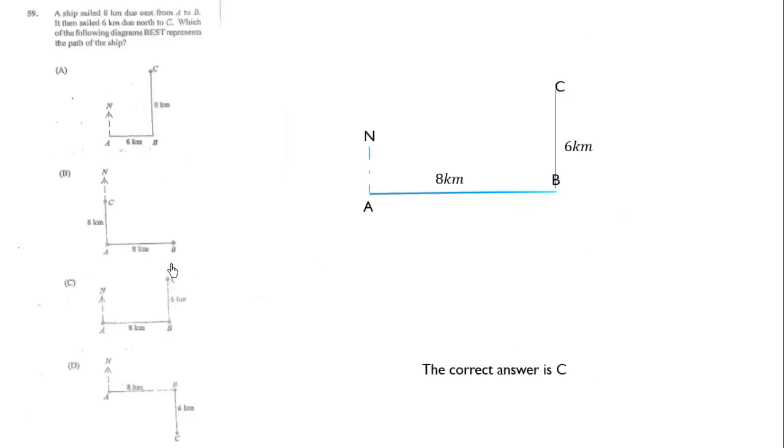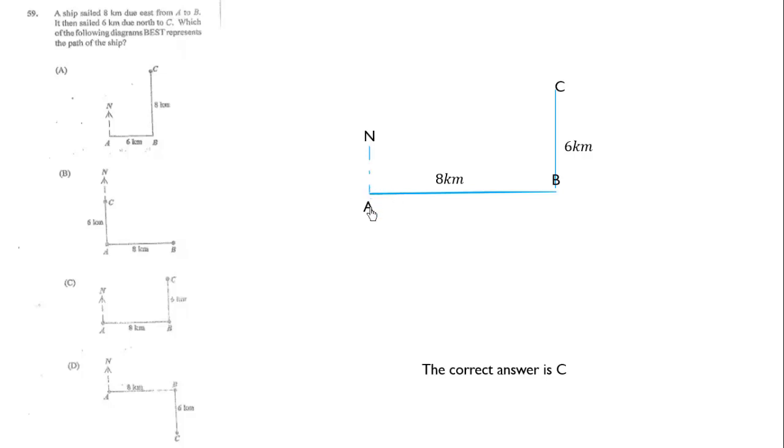Question 58. A ship sailed 8 kilometers due east from A to B. It then sailed 6 kilometers due north to C. So sailing 8 kilometers due east. So this is our cardinal point, and this is the North Pole. 8 kilometers due east. So this is the east.